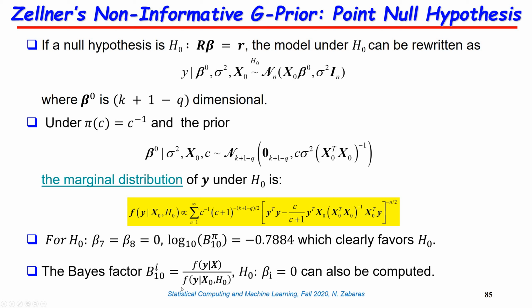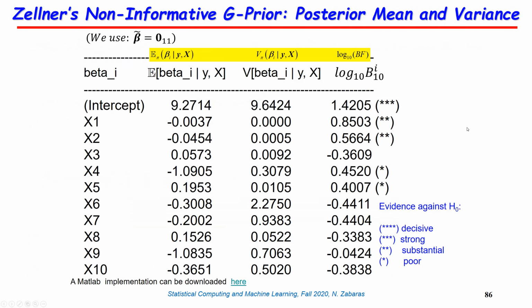Then I'm going to evaluate the Bayes factor B10 I, and I put a superscript I to indicate that for each of these calculations, my H0 will correspond to beta I equal to 0. I can do this type of calculation using a likelihood model that has this form, and then having prior models that take this particular form.